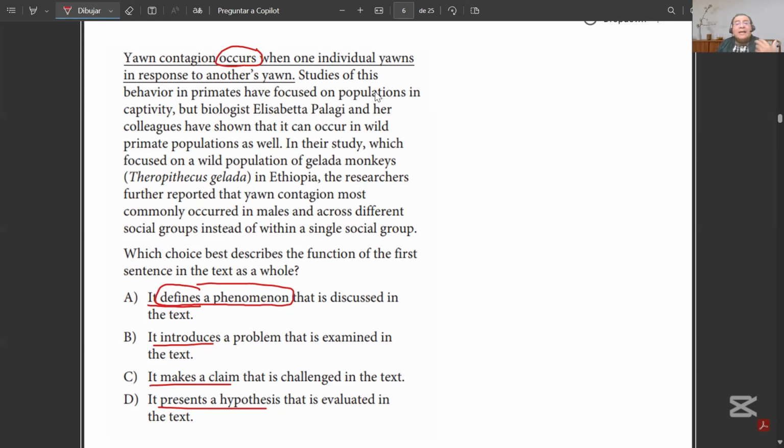This statement is actually introducing the phenomenon of yawn contagion, and then it's expanding on it, discussing some studies showing that this can occur not only in populations in captivity, but also in populations that are wild, living freely in the wilderness. So we believe this is the correct answer choice.